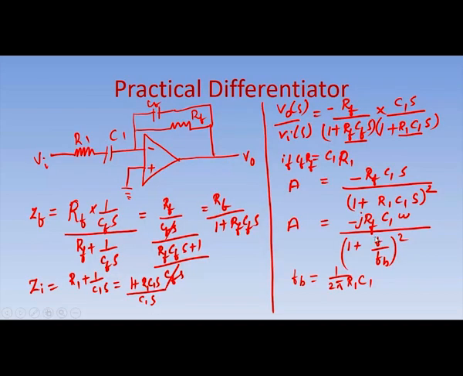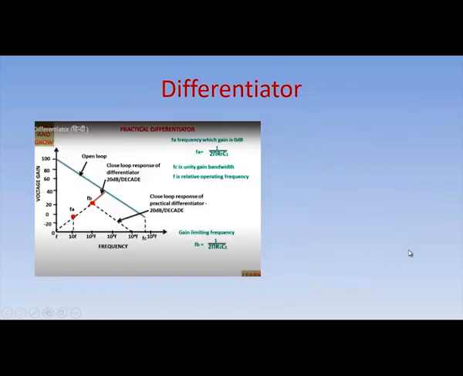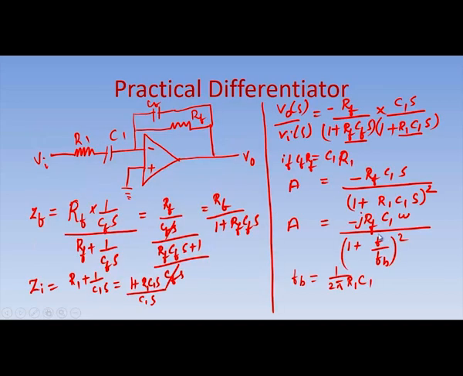If F is less than Fb, the gain is actually increased since you have a smaller value in the denominator. So, the gain is increased if F is increased. Here also omega is replaced by 2 pi f.